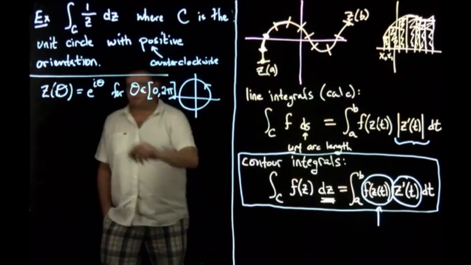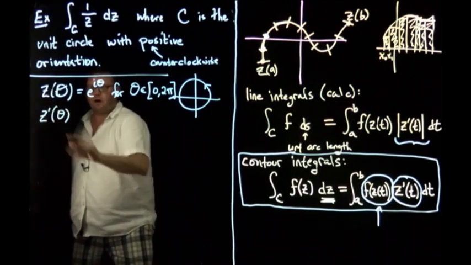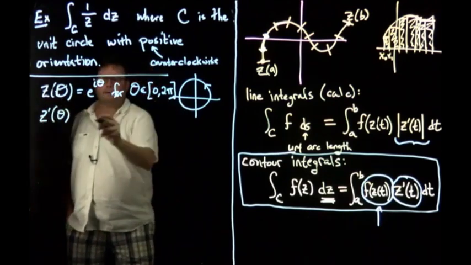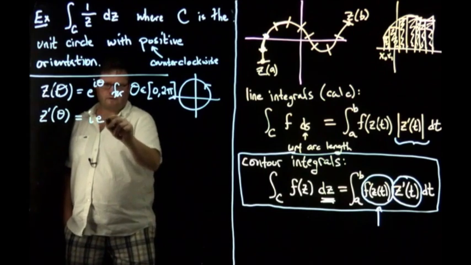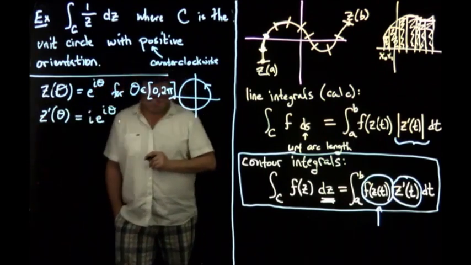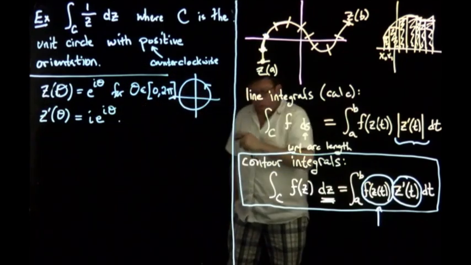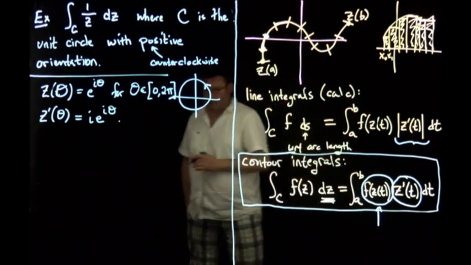Next, we're going to need the derivative. Well, that's easy enough. We know how to take the derivative of z with respect to theta, the parameter. The I comes down, and we get e to the I theta. Okay? Third, we're just going to plug in and see what we get.